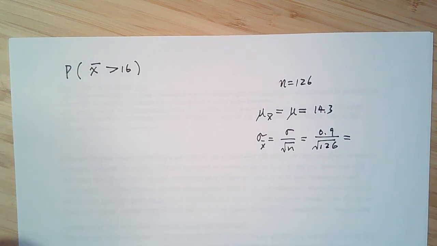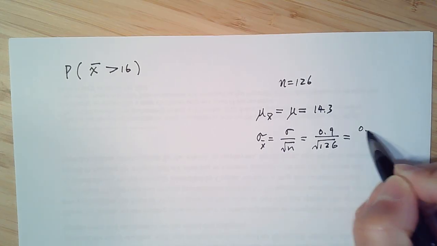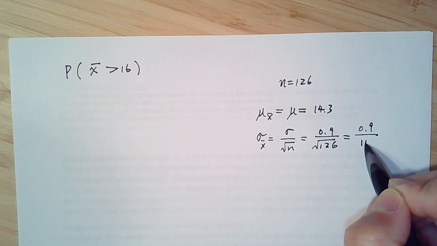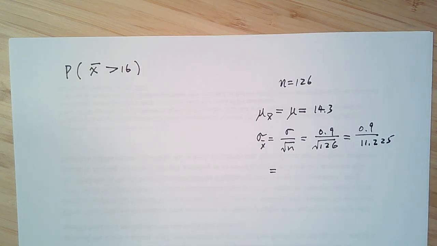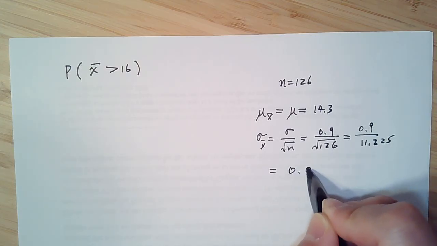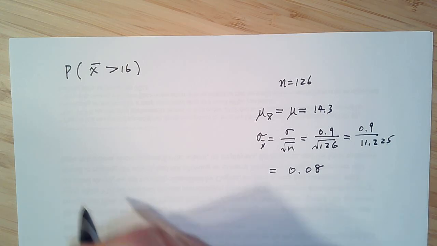The square root of 126 is 11.225, so 0.9 divided by 11.225, the answer is 0.08. I think in the book they just rounded it to 0.1, but let me keep that.